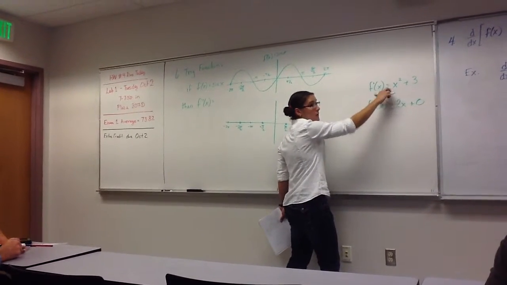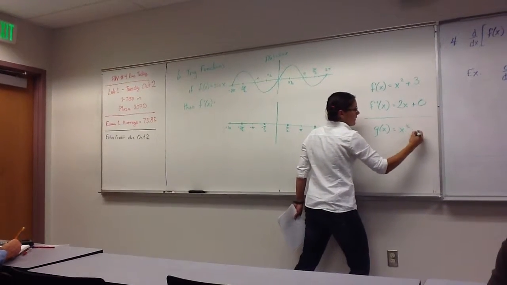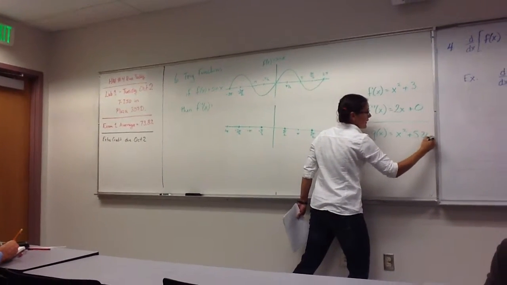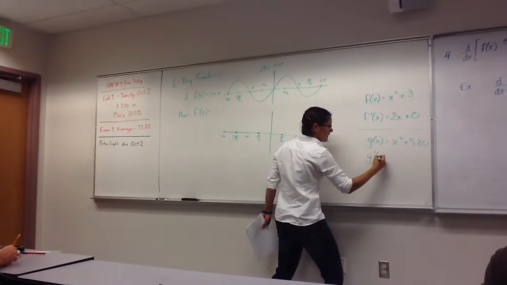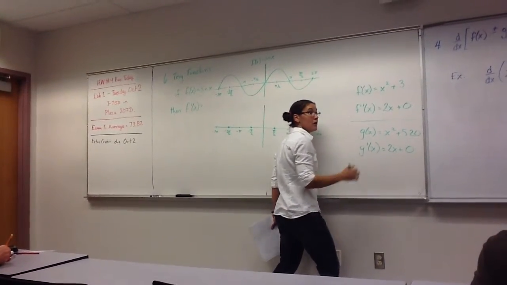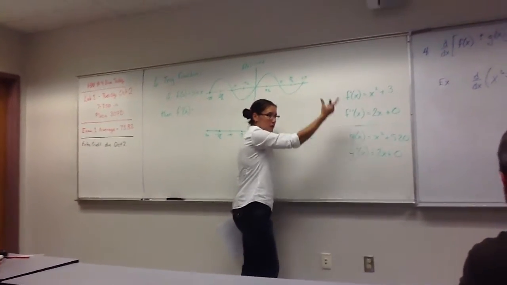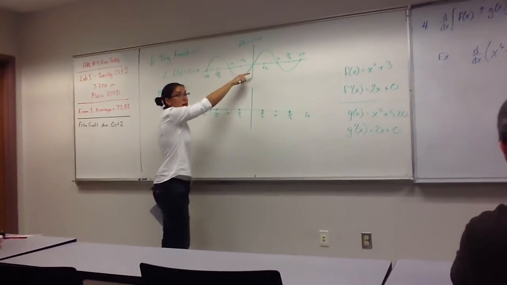And if I shift the x squared in a different way, if I shift it such as x squared plus 520, so shift it way high, then my derivative is still 2x plus 0. So no matter how that graph is shifted vertically, the derivative remains exactly the same. And that's true for the sine function as well.